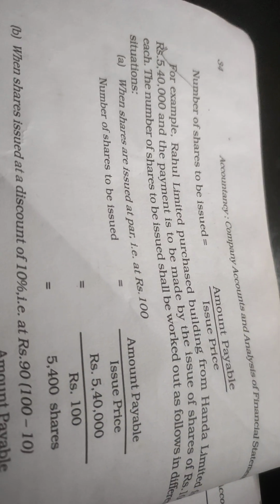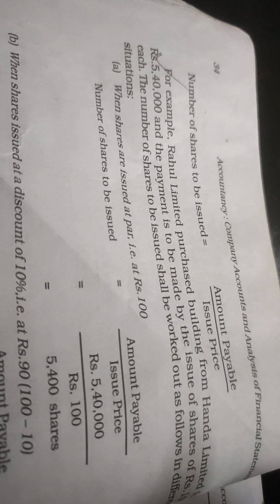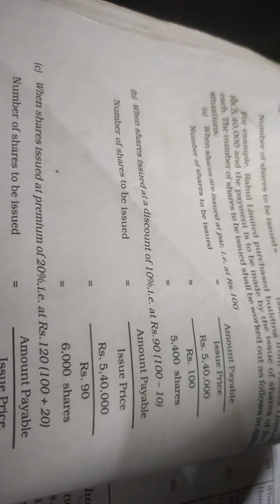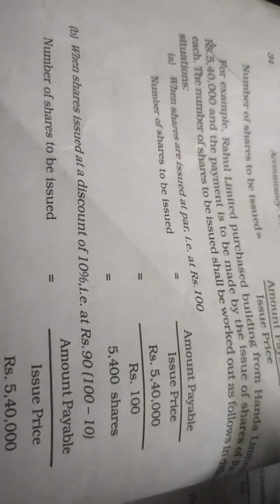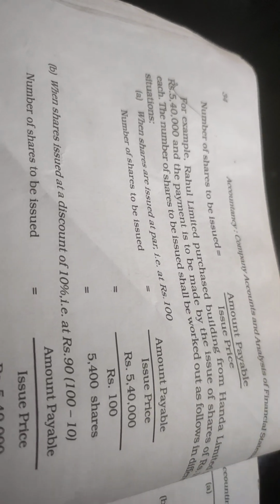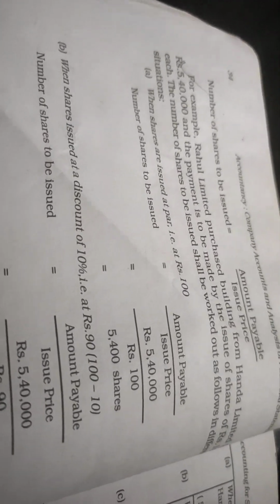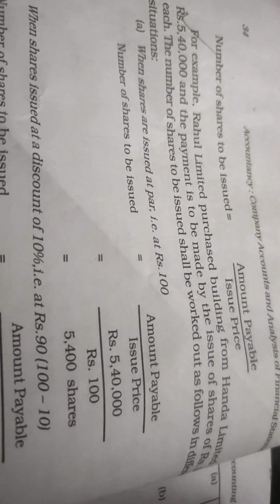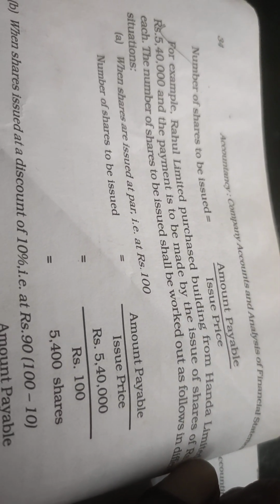Here we are giving three situations, that is issued at par, discount and premium. So I'm going to tell how to calculate the number of shares at par, discount and premium. So number of shares to be calculated, the formula is amount payable by the issue price.